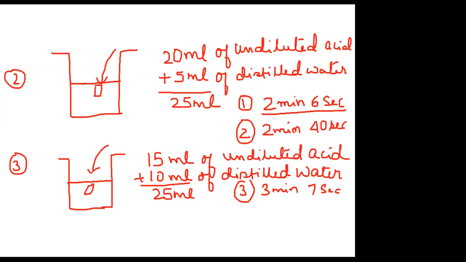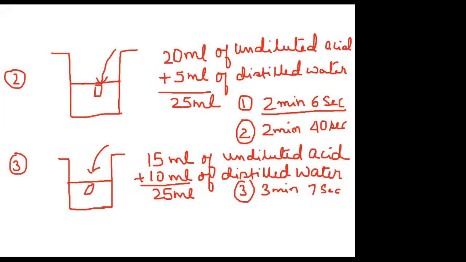The strip of magnesium ribbon is added to HCl and the time is noted for it to be used up. The 3 timings I have noted: 2 minutes and 6 seconds, 2 minutes and 40 seconds, 3 minutes and 7 seconds.